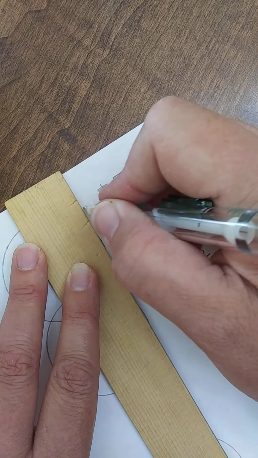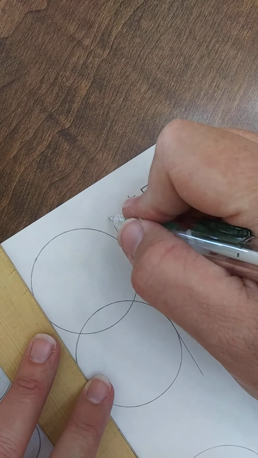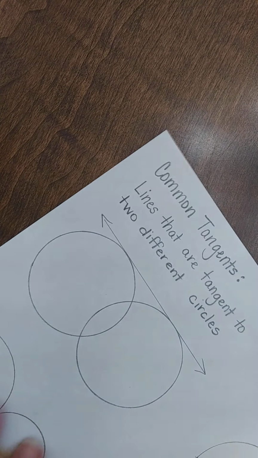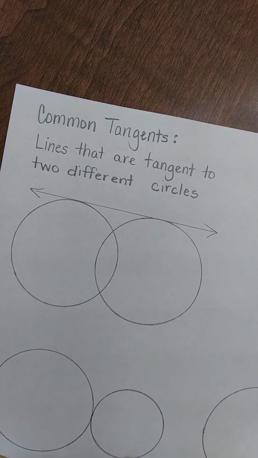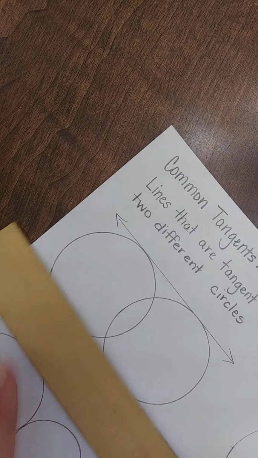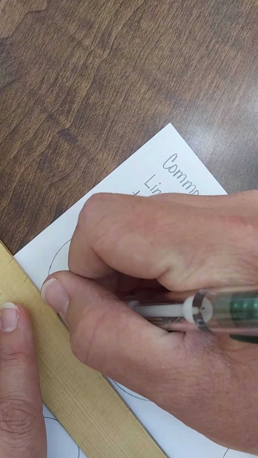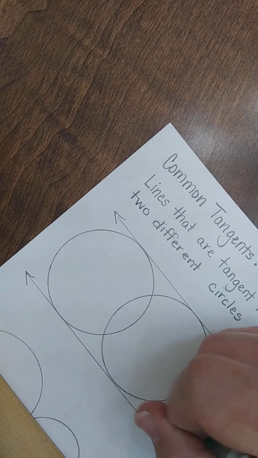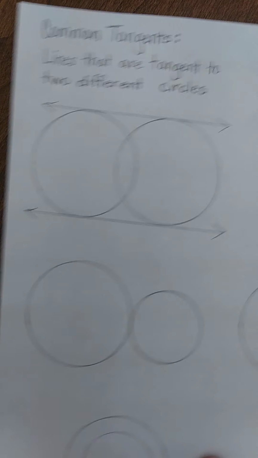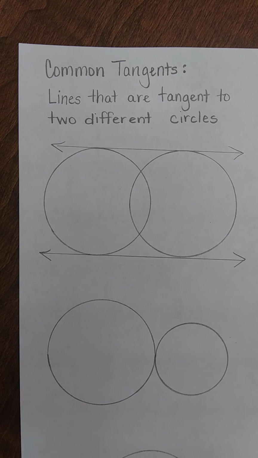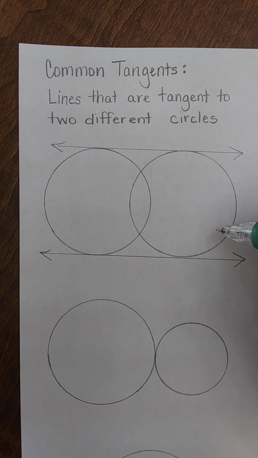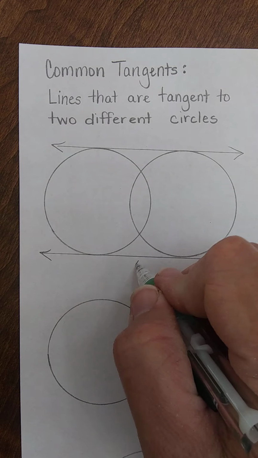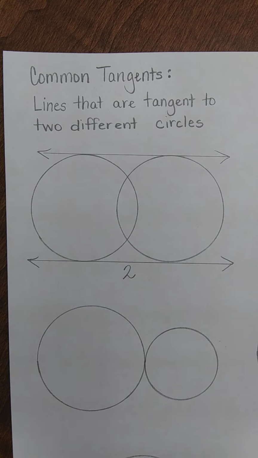I can draw a line that's going to go across and touches the tops of each of those circles, and then I should be able to do the same thing down here along the bottom of the two circles. These are called external common tangents because they stay outside of the two circles. They don't come in between them or anything like that. So this one has 2 common tangents.